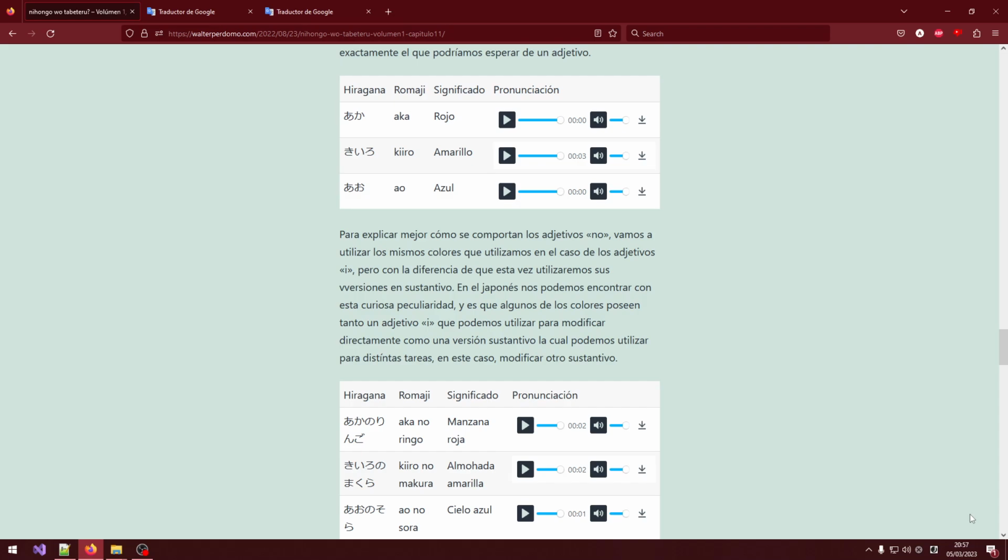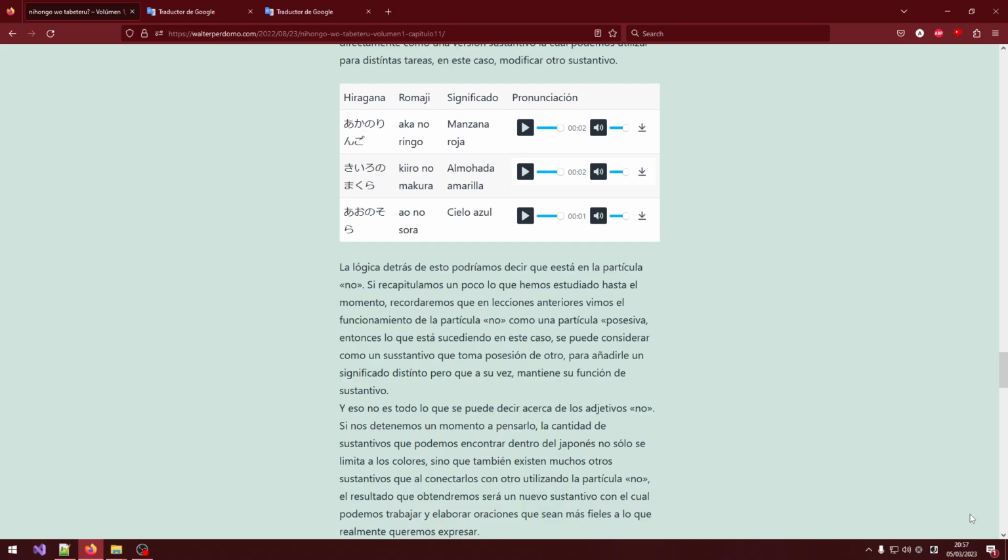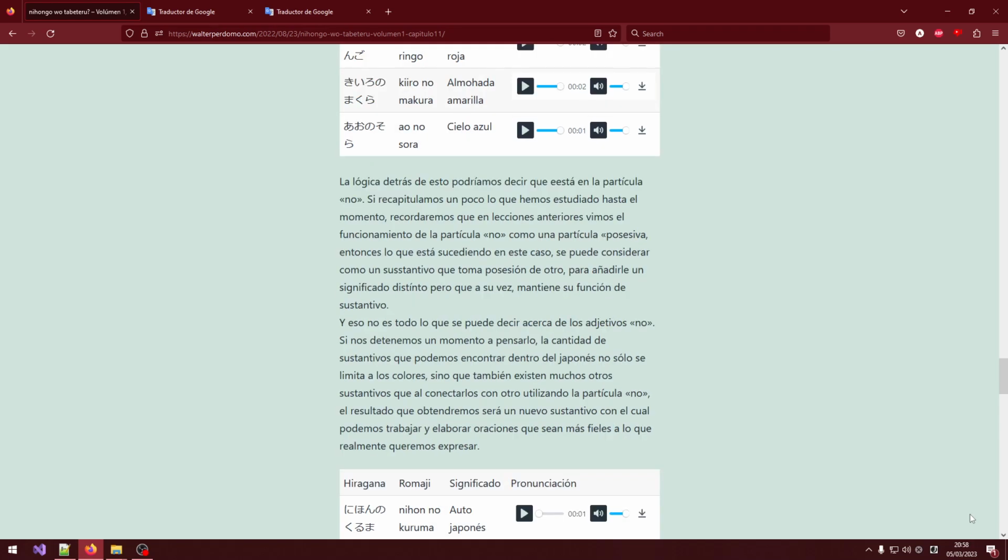Here's an example about it. 日本の車. You see? Nihon no kuruma. Nihon is Japan, kuruma is car. So what happens if we combine them? Japanese car. Nihon no tabemono.